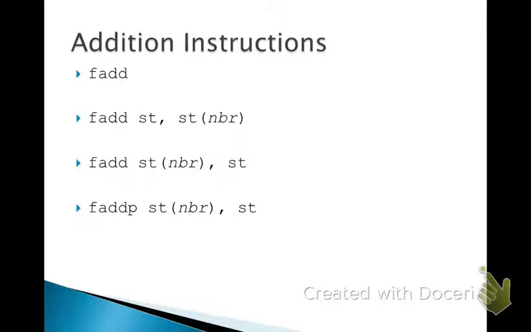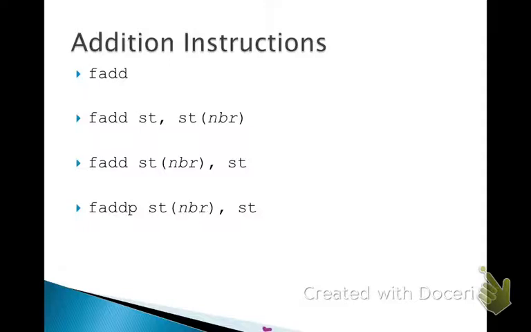Okay, now it's time for the addition instructions. We have a series of instructions that we're going to go through. You'll start to see some patterns emerging in some of the arithmetic instructions. Okay, our first one, fadd, has no operands. What this does is actually several things.